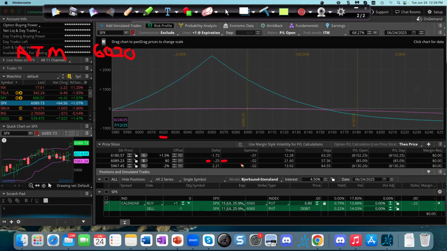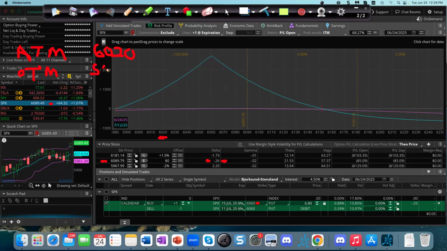What I like about it is, especially on days up like today, I can place a calendar underneath the market. So we're at 60.89. I can place it at 60.60. I could place it at 60.70. I'm relatively close to delta neutral, but by placing it under the market, now my break even, instead of 60.20 on an at the money calendar, is like 59.80.